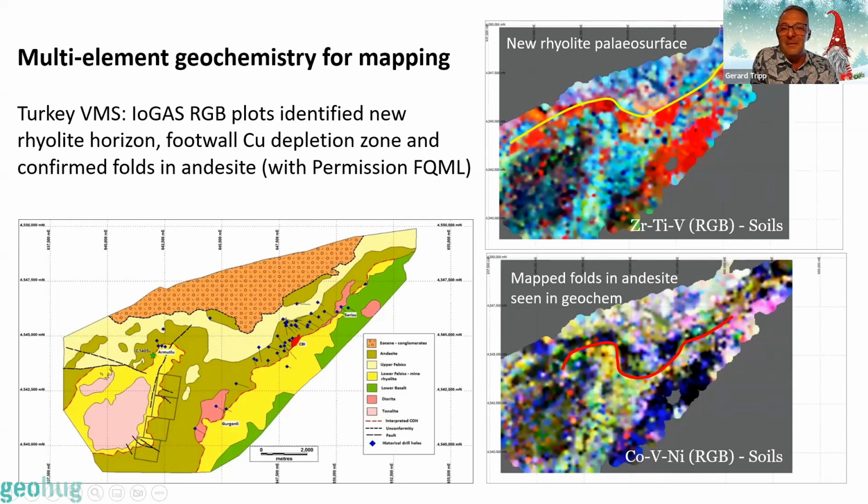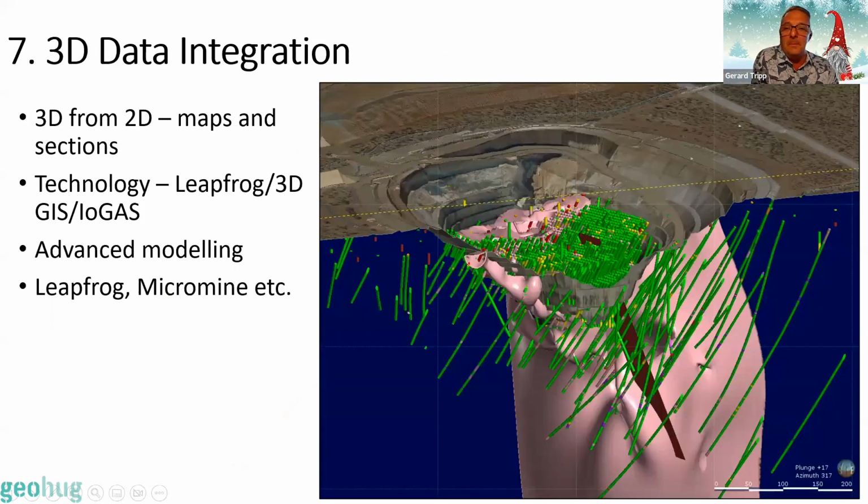Anyway, finally, this is the second last slide. Everything we're doing these days is integration. It's all about integration, and it's all about operating in 3D. Everybody is operating in 3D all the time, which is really good. There is still a need for young people initially coming into the industry to learn how to plot on a map and how to make a cross section.